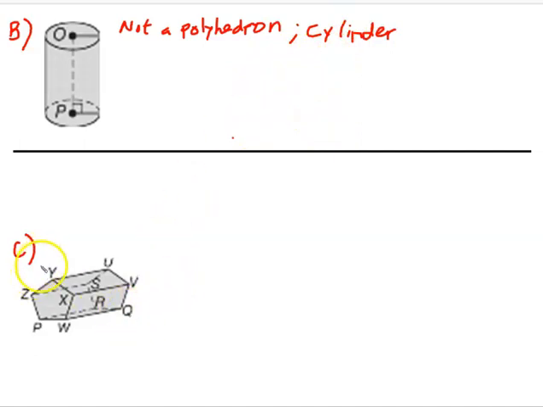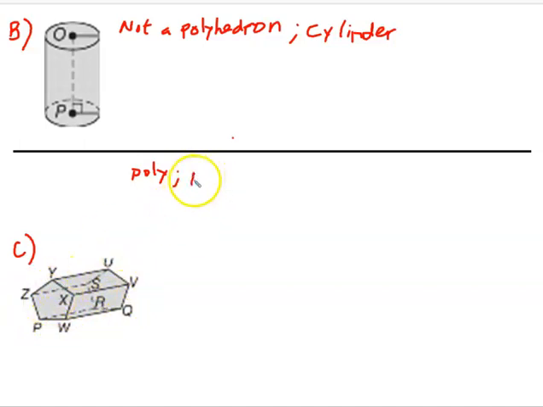All right. Then letter C, the same thing. We're supposed to identify if this is a polyhedron, and we would say it is. And then how would we classify it? Well, the way you describe, in this case, the prism, you look at the shape of the two bases.